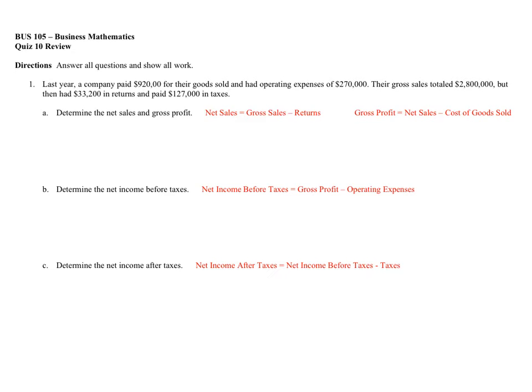For net sales, that's the gross sales, which is $2.8 million, and we're subtracting off the $33,200 in returns to give us 2,766,800, so about $2.7 million.